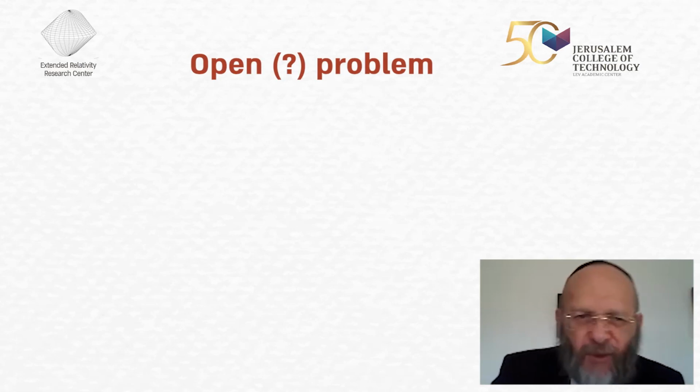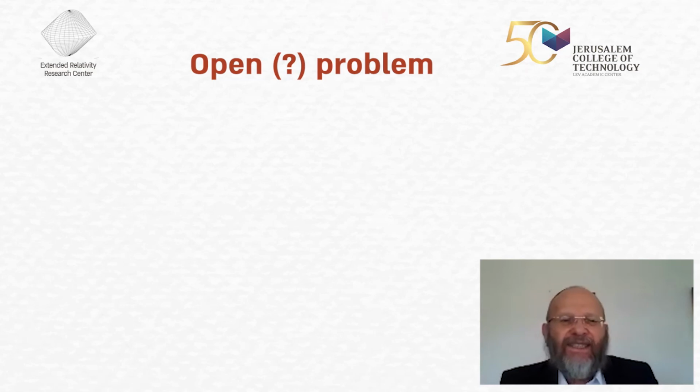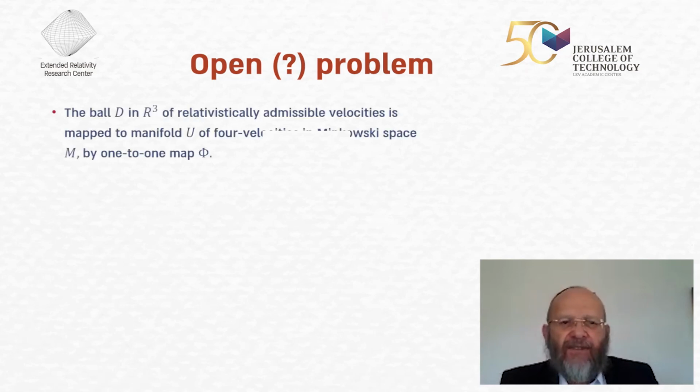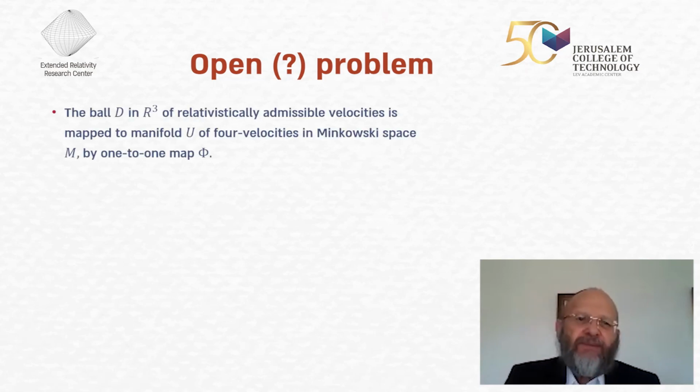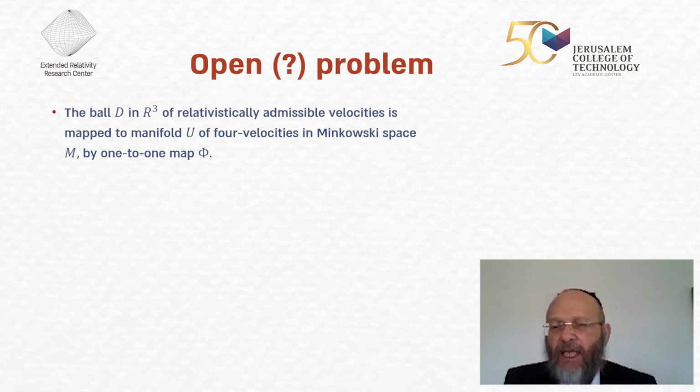Now I want to finish with a few open problems in this lecture. And the first problem is we have seen that the ball D in R3, the relativistic admissible velocity, can be mapped to a manifold U of the 4-velocity in Minkowski spacetime by the one-to-one map phi that we have observed.